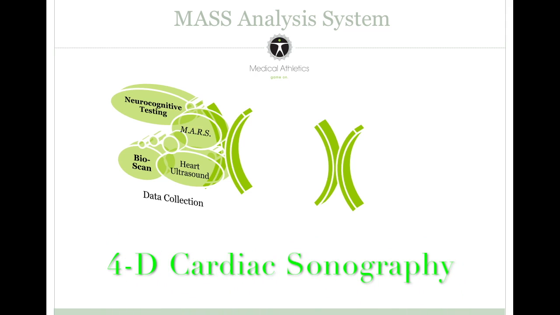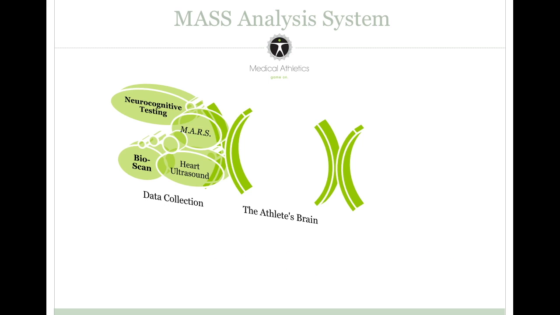We also check the player's heart. This makes sure it's truly safe to play. So we take all of this information about your brain's data to determine what's going on in your brain, so we can understand how your brain is functioning. And understanding the way your brain is working allows us to determine the depth of TBI or concussion.